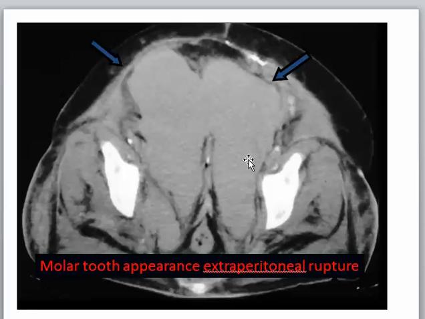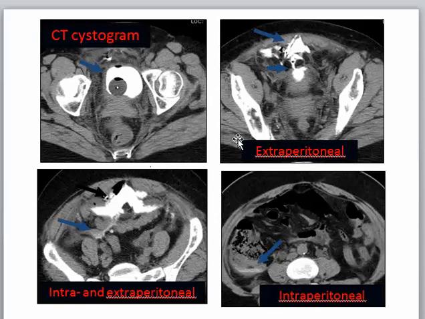If large, it will give the molar tooth appearance, and the bladder should be in between here, compressed. And such an appearance could be differentiated here. Here is the bladder. Here are some flames. This is extraperitoneal. Here is the flame extraperitoneal, and there is some inside this intraperitoneal, and here is definitely intraperitoneal.